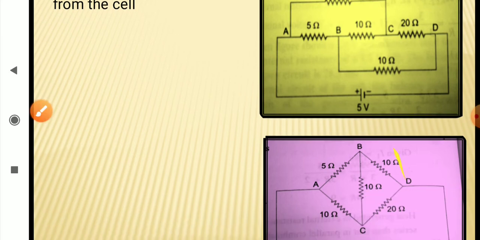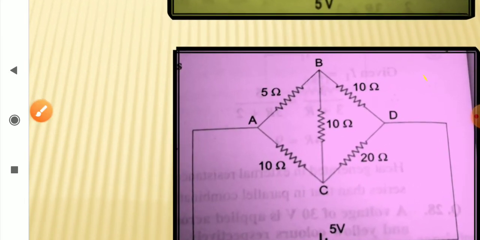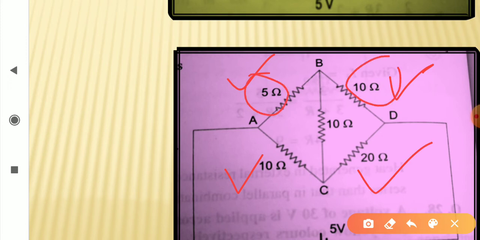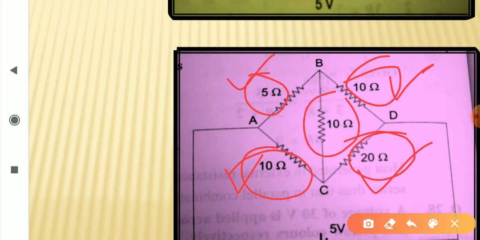So after rearrangement, we have obtained this Wheatstone bridge with AB as 5 ohm, BD as 10 ohm, AC as 10 ohm, and CD as 20 ohm. Now the ratio of this and this, 5 upon 10 is 1 by 2, 10 upon 20 is 1 by 2. That means it is a balanced Wheatstone bridge and no current will pass through this 10 ohm resistance.